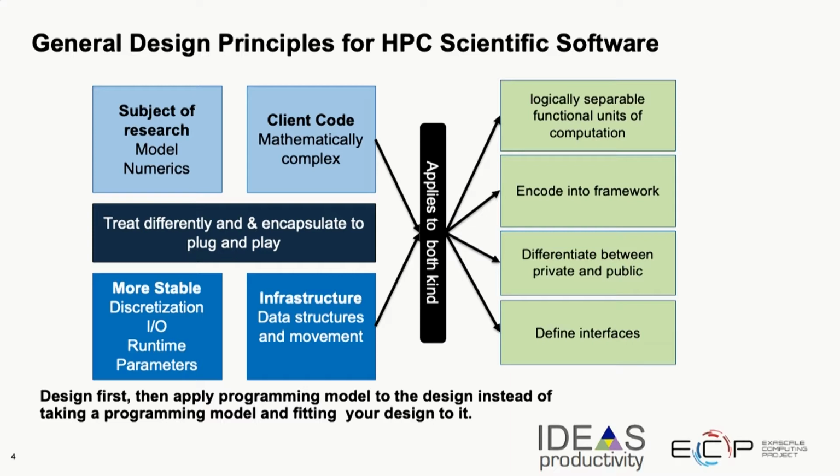One of the things that many people miss in designing their code is they think about a specific programming model first. So people will say, I'm writing an MPI code, and they will go ahead and write an MPI code making use of the features that are available in MPI, sometimes shoehorning them into the code. That is not always the best approach.